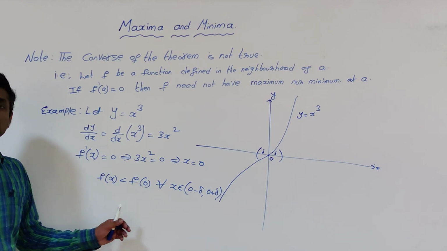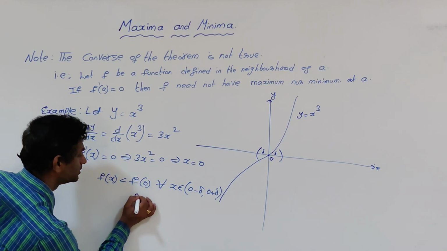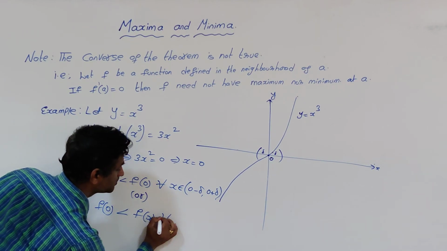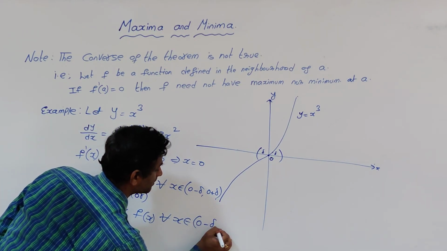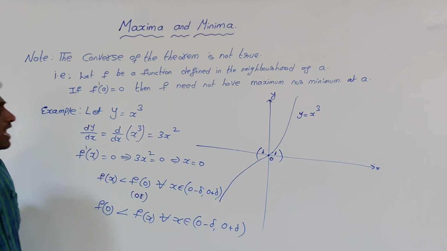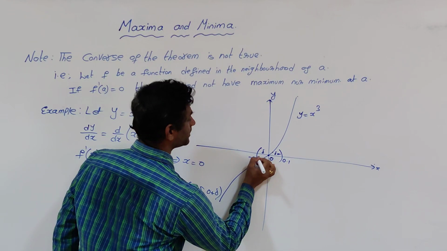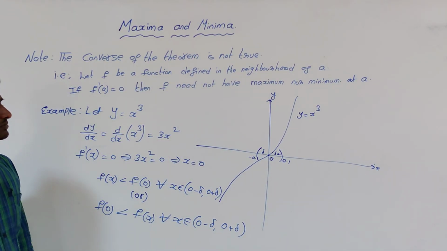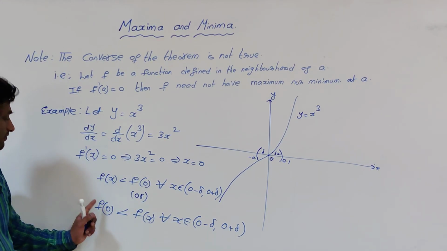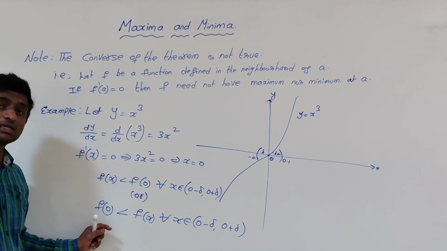So in this case we can't say it is a maximum. Or is f of 0 less than f of x for all x in the interval 0 minus delta to 0 plus delta? Choose delta as 0.1. Then this will be 0.1 and this will be minus 0.1. f of 0 means 0 cube, which is 0. Are all the values greater than 0?